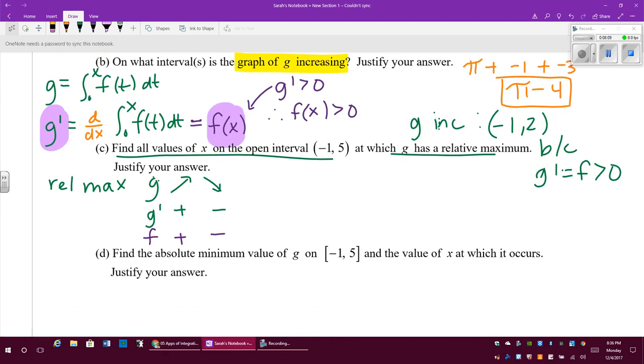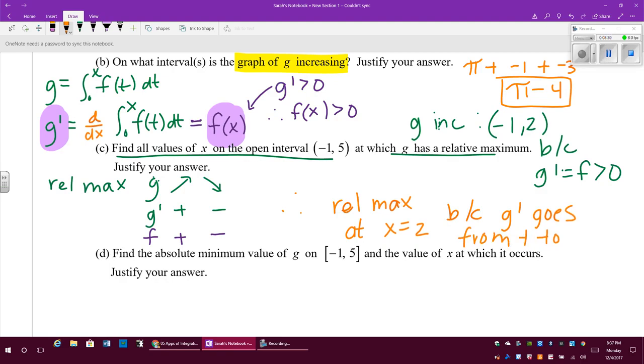So I can make the conclusion that there is a relative max at x equals 2, and to justify my answer, because g prime goes from positive to negative. But it might be worth noting that g prime is equal to f.